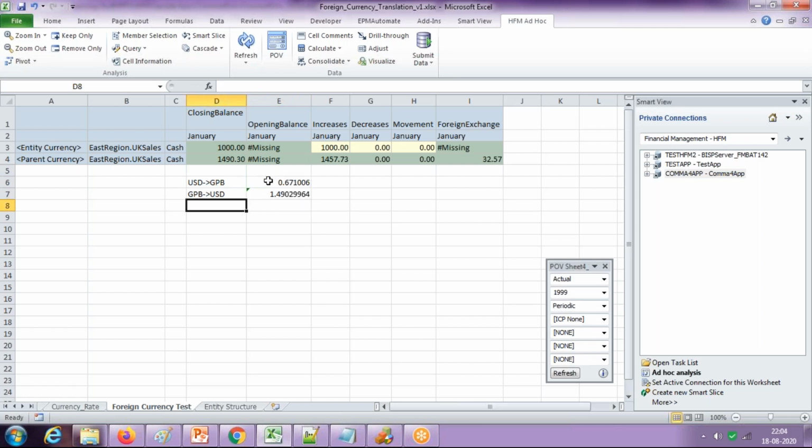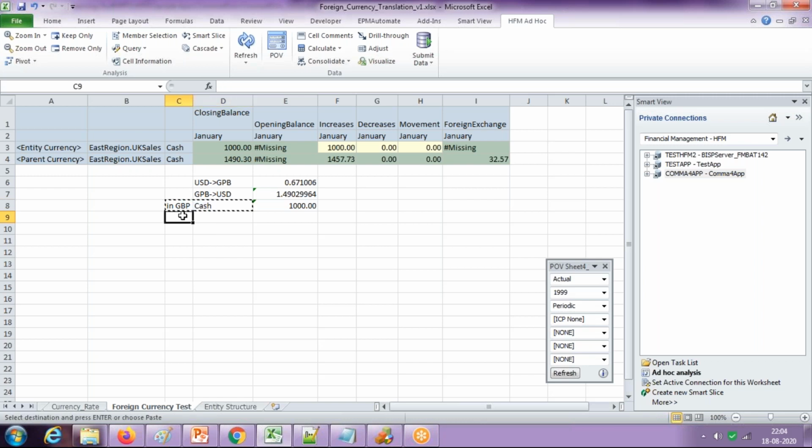This is your currency exchange rate. The value is 1000 in GBP, and in USD I multiply with the currency exchange rate. 1000 multiplied by the currency exchange rate gives 1490.29, which rounds off to this. So I got this value.